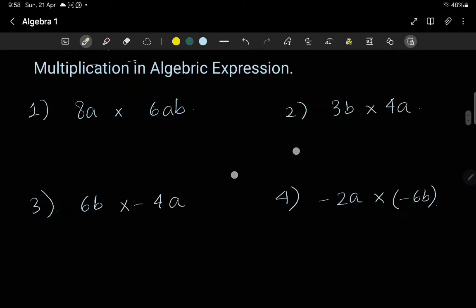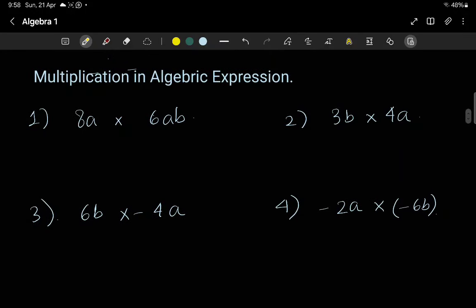Now multiplication in algebra. Multiplication in algebra is very easy. We must remember that a and ab are different terms, so when we multiply, here we have a, here we have ab.